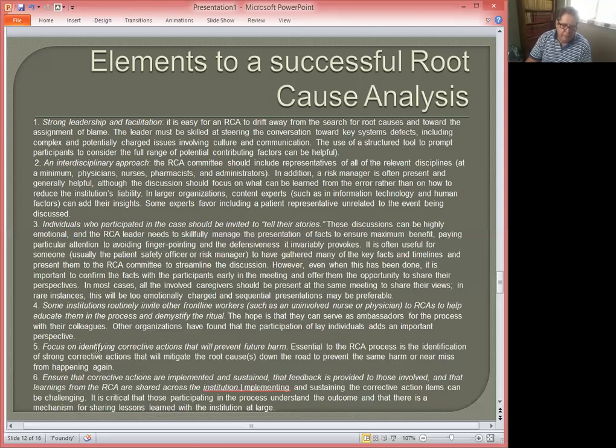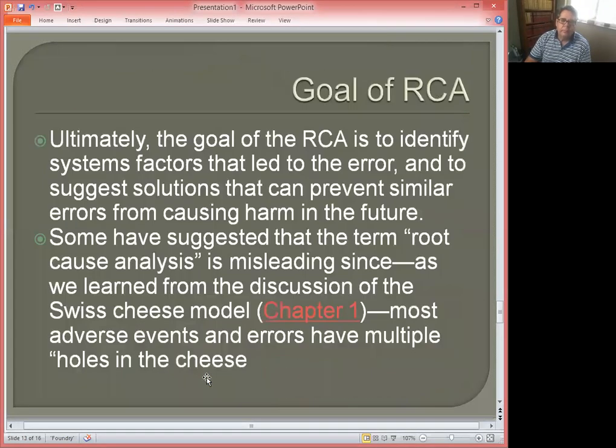A successful root cause analysis plan will also focus on identifying corrective actions that will prevent future harm. And last, it will ensure that those corrective actions that are suggested are indeed implemented and sustained within the organization. The goal of root cause analysis is to identify system factors that led to the error and to suggest solutions that can prevent similar errors in the future.